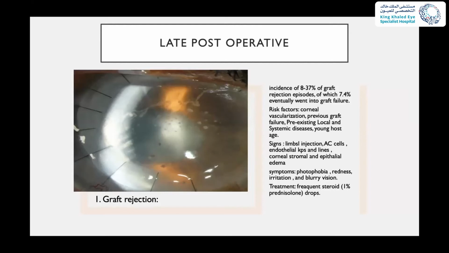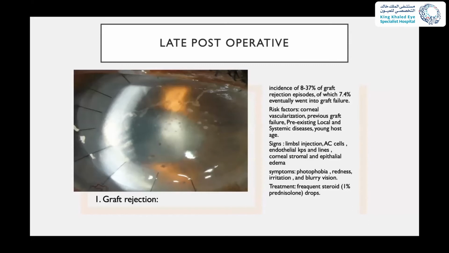Also, pre-existing local or systemic diseases and young host age. It can actually affect all layers of the cornea, so we might have epithelial, stromal, or endothelial rejection. Endothelial rejection is the most common and the most serious form.